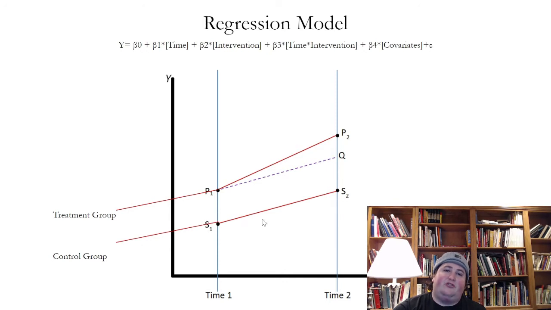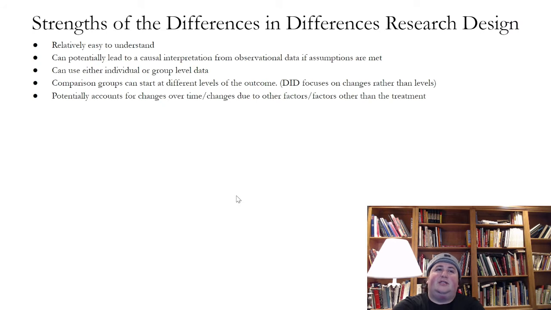And what was the change in the control from before time 1 to after time 1? Whereas levels would be just looking at the absolute level of the control group versus the absolute level of the treatment group. And so the fact that you're looking at changes helps with the comparison groups.